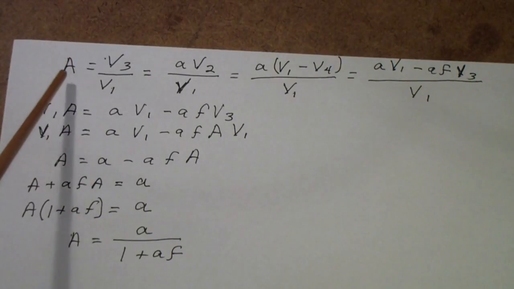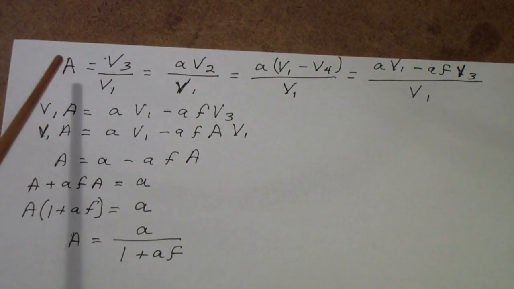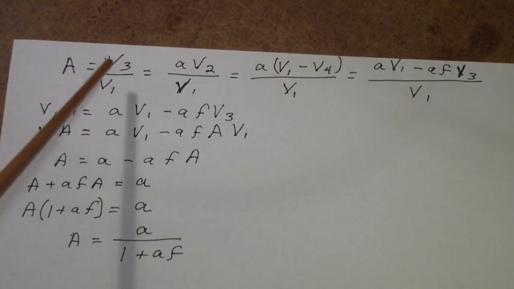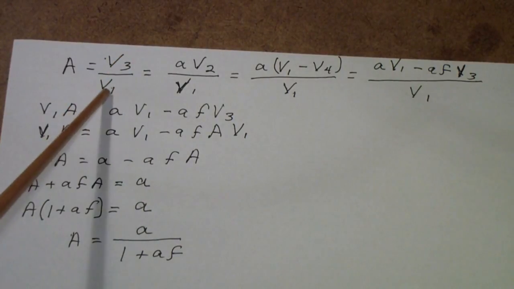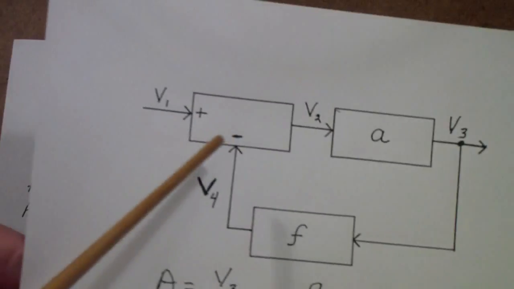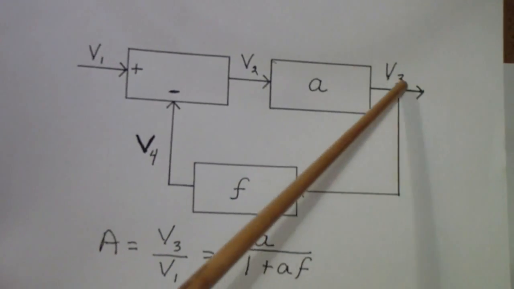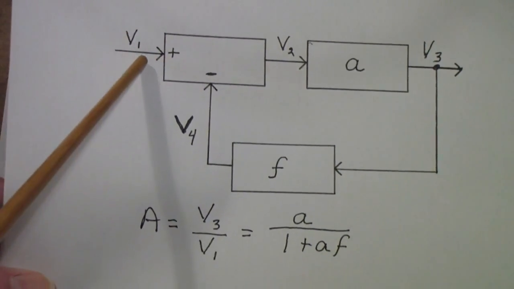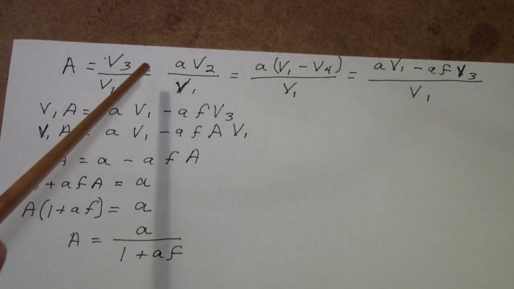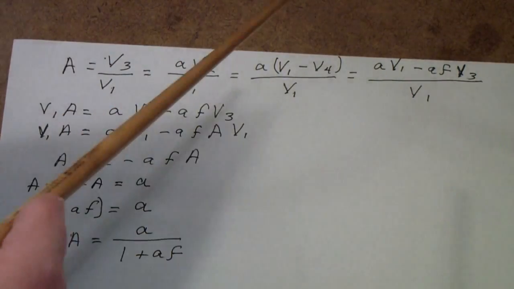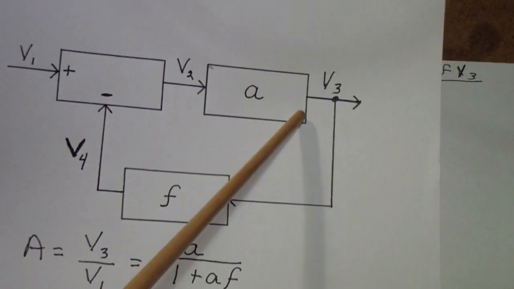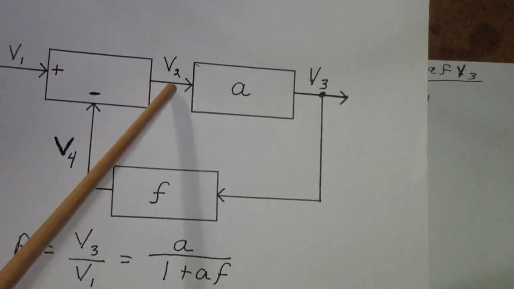First, we write that the A, that is the closed loop gain of the system, is the output voltage, V3, divided by the input voltage, V1. That is V3 divided by V1. Now we notice that V3 is just little a times V2.